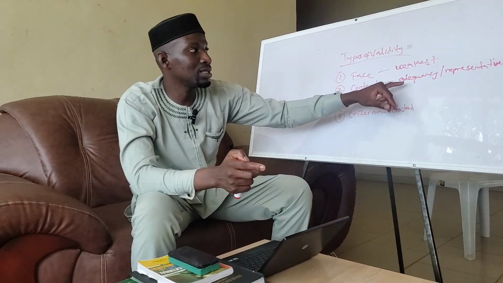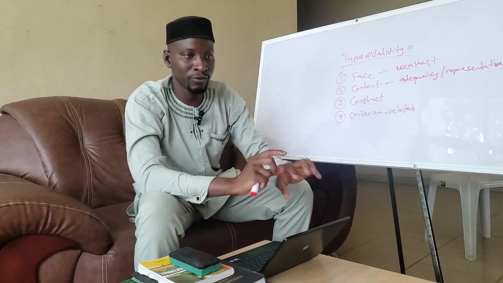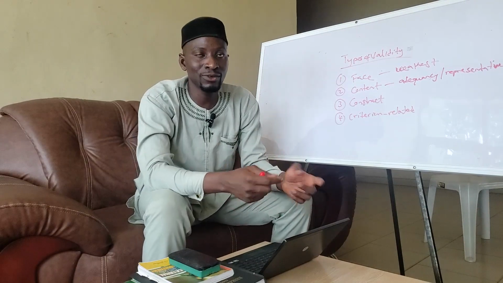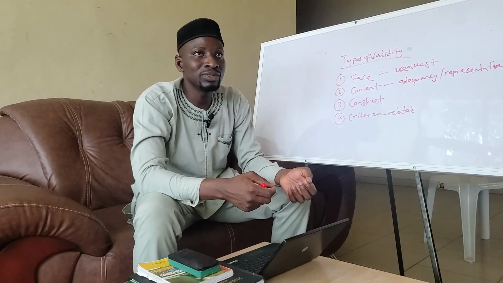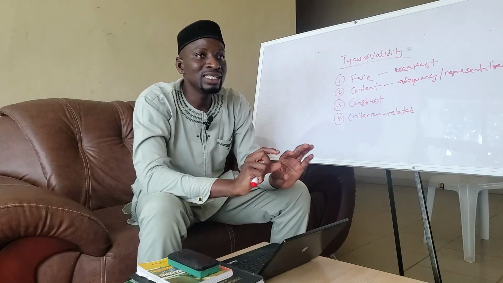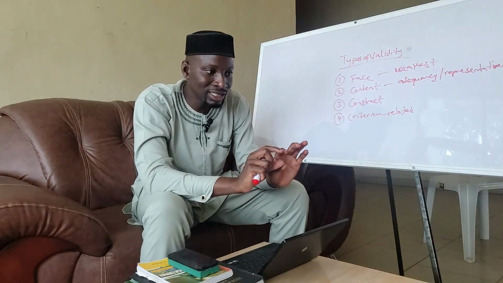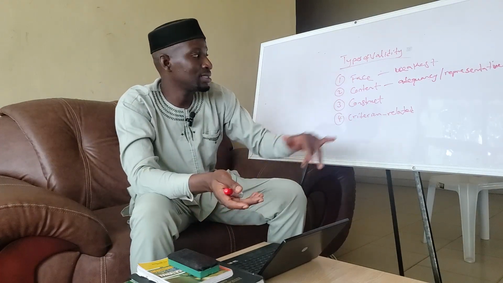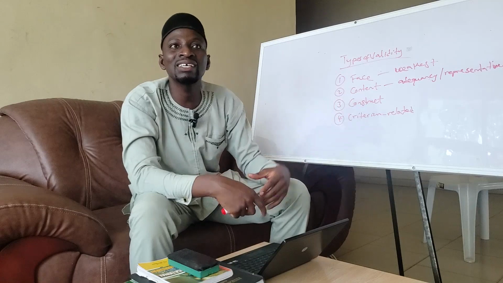That means it is not representative of A, B, C. It's measuring more of C, in fact 80% of C, 10% of B, and 10% of A, while you have taught them giving the same effort, but you decided to make it lopsided. Then such a test is content invalid.